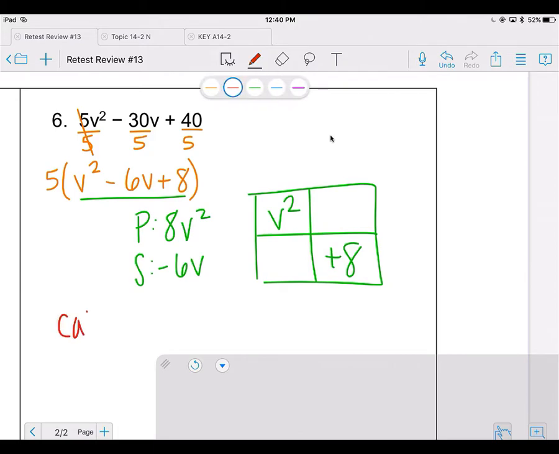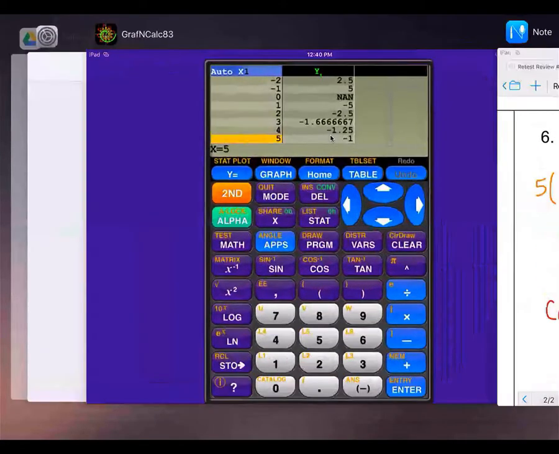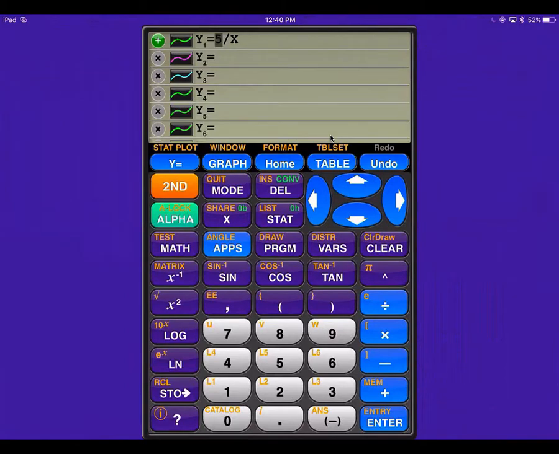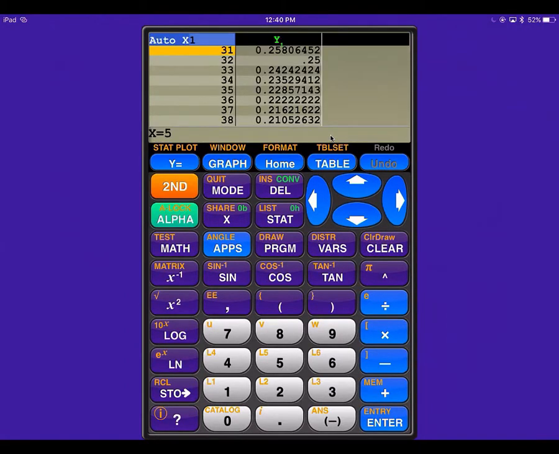In my calculator, I put the product, 8 divided by x, into y equals. I go to my table and search for the sum. My sum is a negative 6, and I can immediately notice that I have positives and positives.